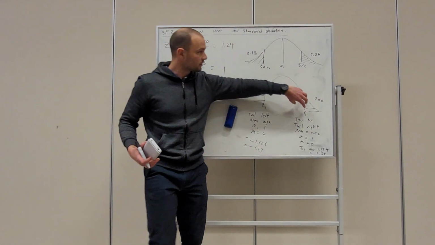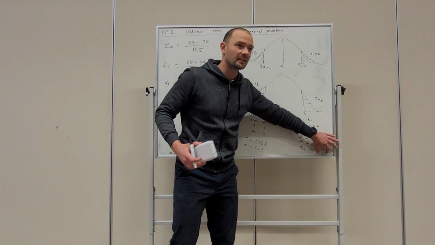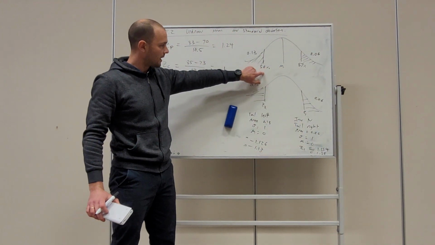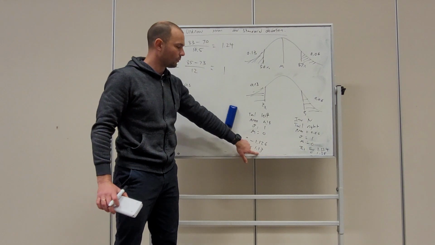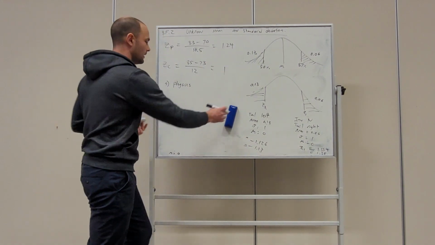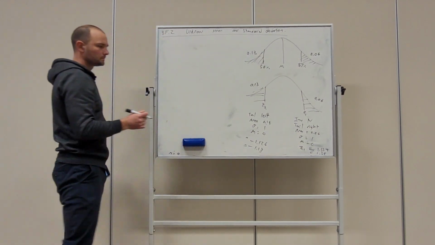Okay, so this result, 87%, is 1.55 standard deviations above the mean. This result, 50%, is 1.13 standard deviations below the mean, below because it's negative. Okay, so let's put both of those into the z-score.